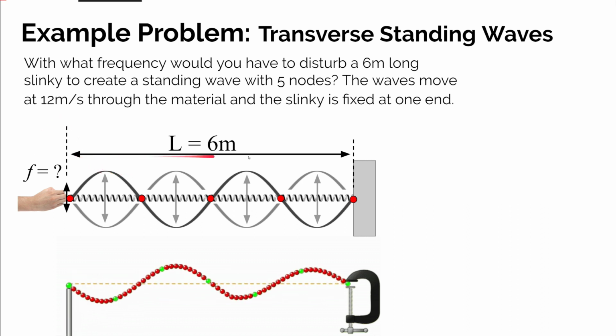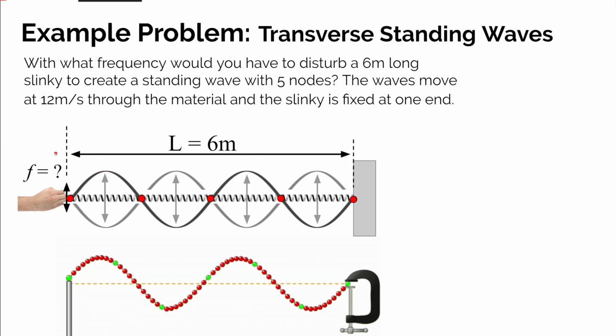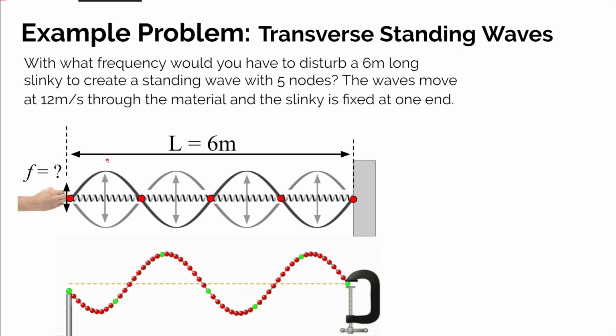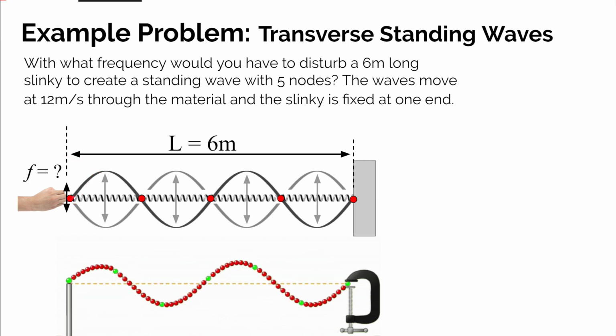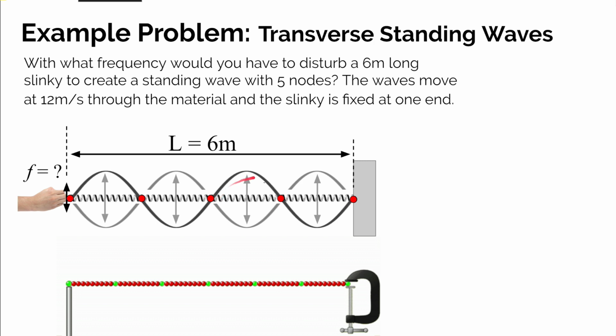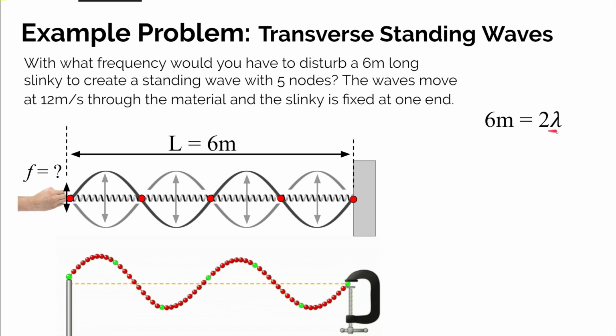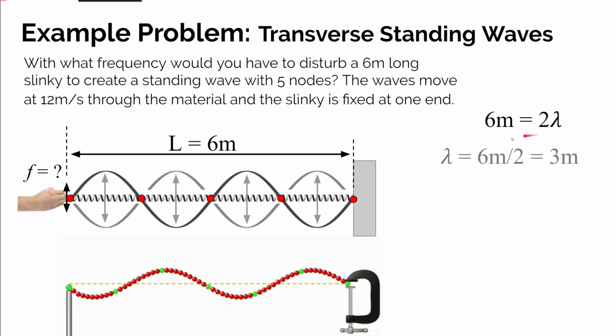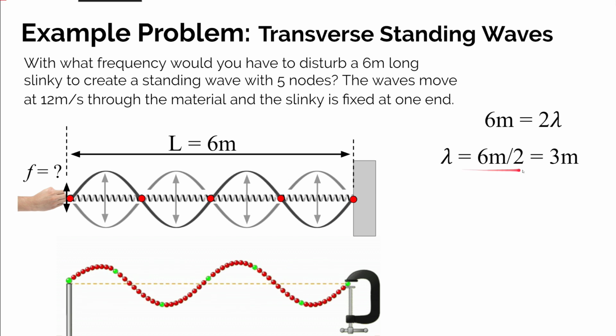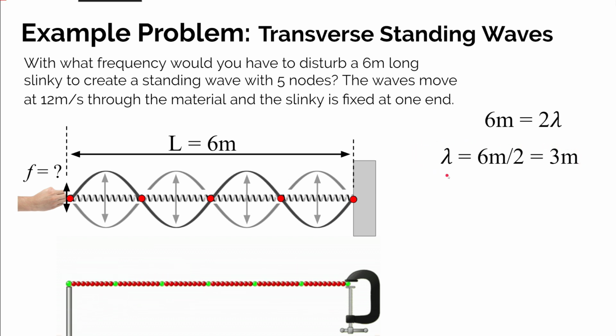So in this 6 meters, how many wavelengths, whole or partial wavelengths, fit in that 6 meters? Again, you start here, we've got 1 wavelength, exactly 2 wavelengths. So that 6 meter length is equal to 2 times the needed wavelength. And if you solve that for wavelength, we get that the wavelengths need to be 3 meters long.